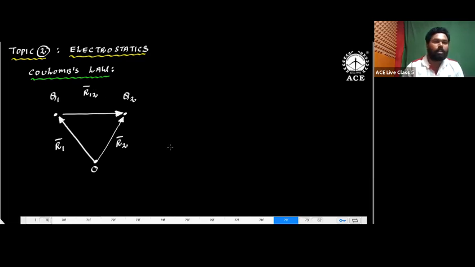I'll call it R12. Here it is a unit vector, R12 cap, beta.